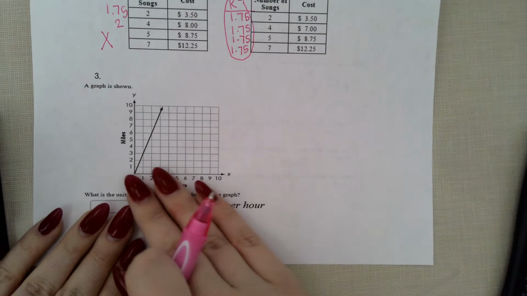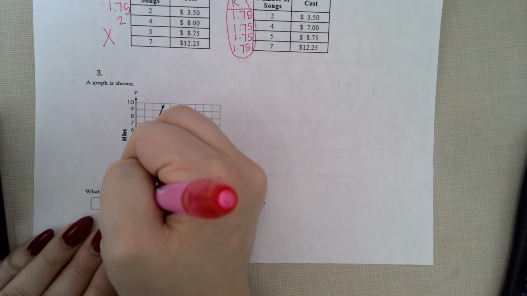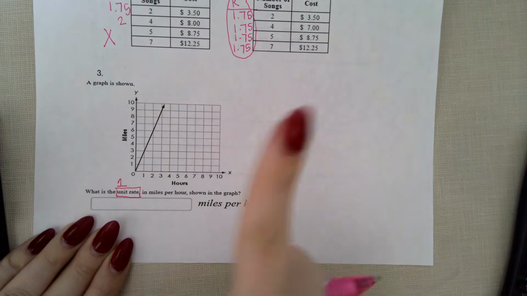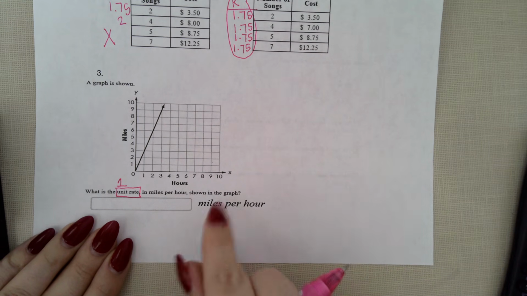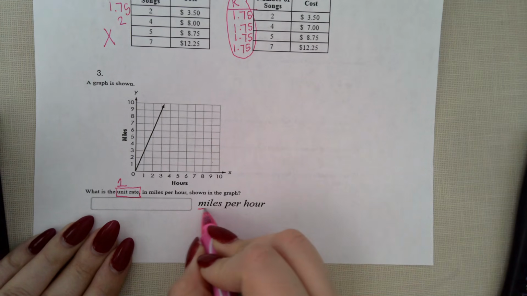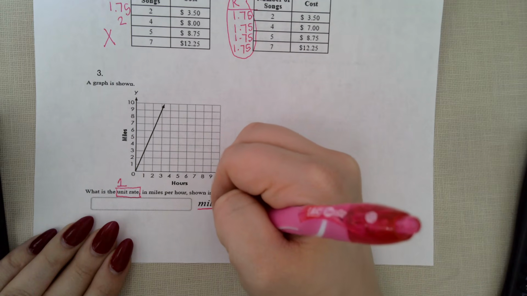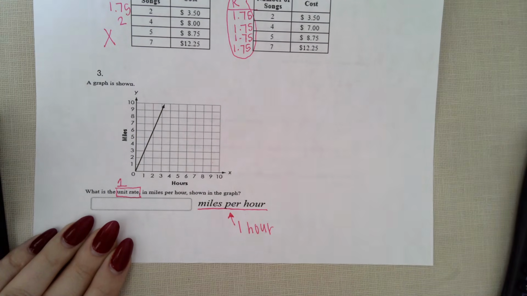Next, let's look at 3. It says a graph is shown. What is the unit rate? If I see unit rate, I should be thinking for 1 of something. 1 is a unit. What is the unit rate in miles per hour shown in the graph? So I'm trying to think of miles per hour. When I'm trying to figure it out per hour, I should be thinking 1 hour.